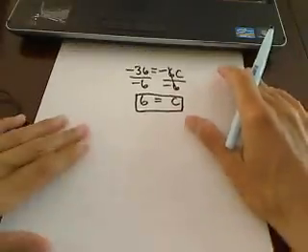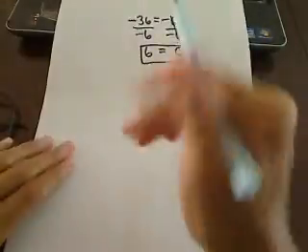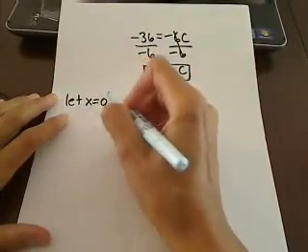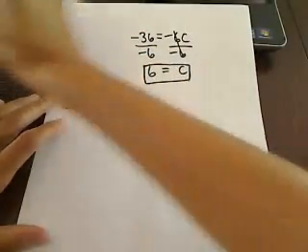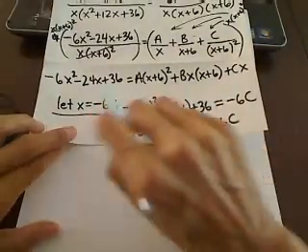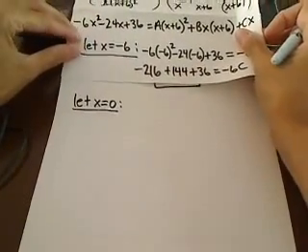All right, so we're letting x equal 0, and I'm again plugging x equals 0 back in for x in all of these locations.